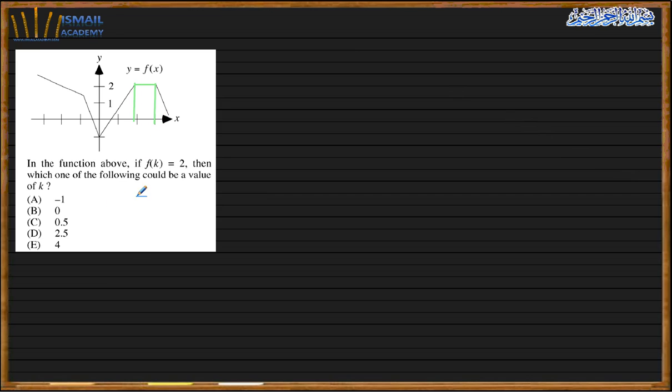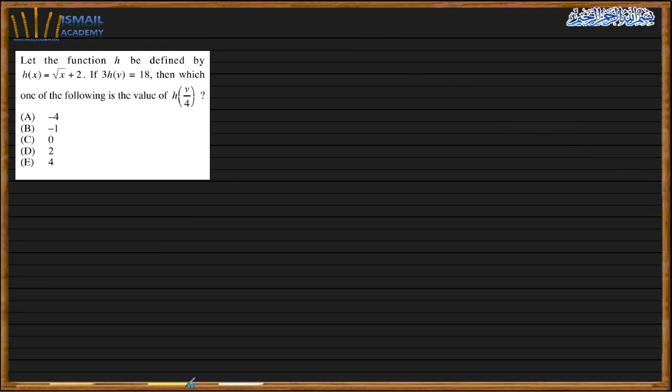So I'm going to look for x between 3 and this 2, and 1 point something here, like 1.9 for example. So I need to look for x between those two values, 1.9 and 3. The only value between 1.9 and 3 is 2.5. So D is my answer.